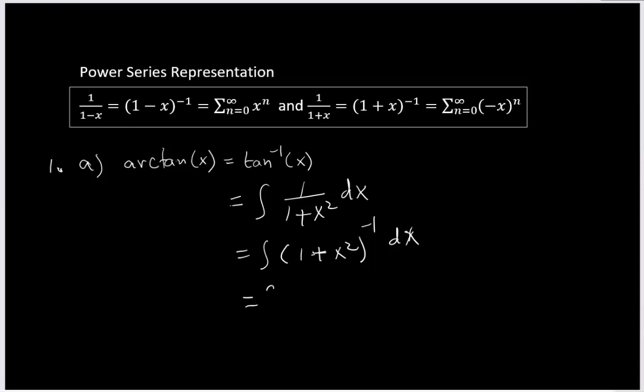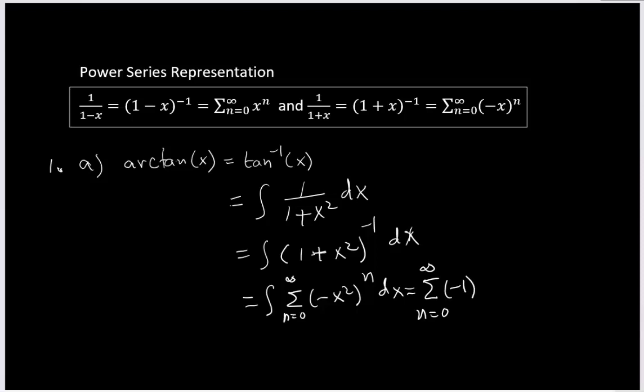So then this one is giving me the summation with an integral sign, n goes from 0 to infinity. We'll write (negative x squared) to the n dx in here. Now you can separate like this: summation n goes from 0 to infinity.